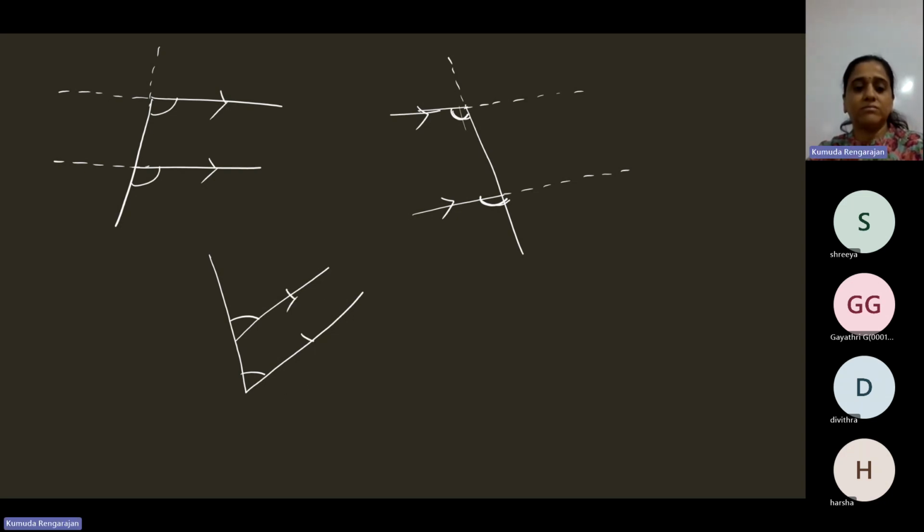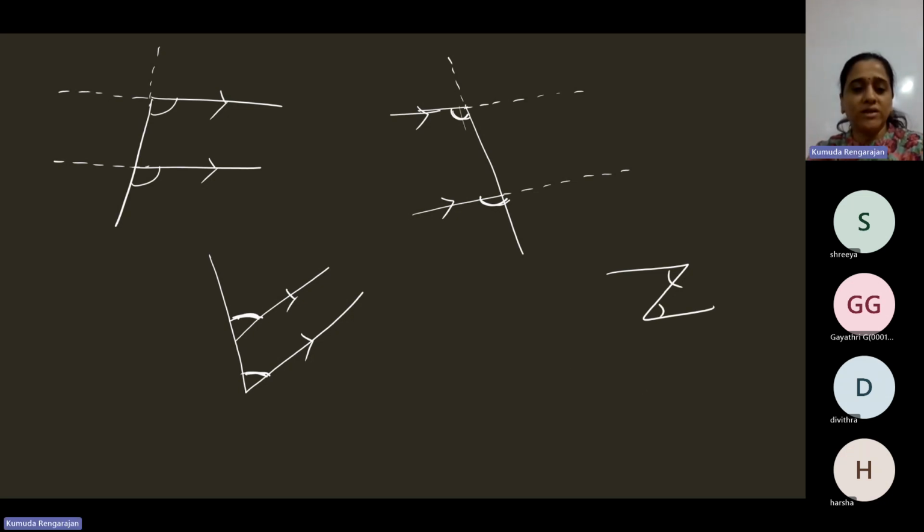These two lines are parallel. This is a transversal. In this figure, there are only two angles. Is there a third angle? No, there is no third angle at all, so it's easy to mark. In that Z also, we had only two angles.